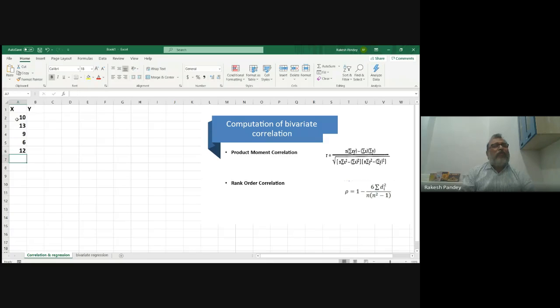Let us have 5 scores so that we can do the demonstration easily. And y: 9, 10, 7, 7, and then 11.